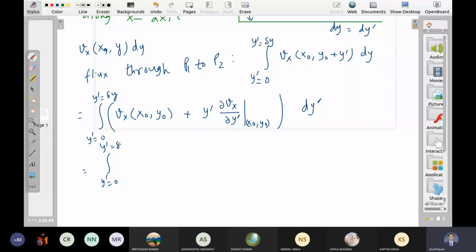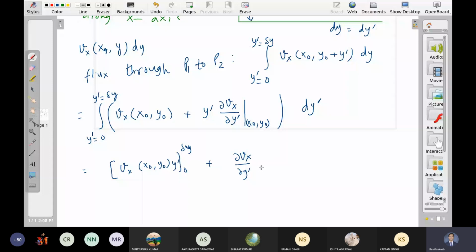There is no integral now. The first quantity is Vx at x naught comma y naught, into y prime, evaluated from 0 to delta y, plus the second quantity, del Vx upon del y at x naught comma y naught, which is a constant.